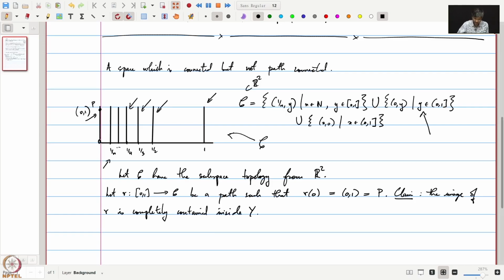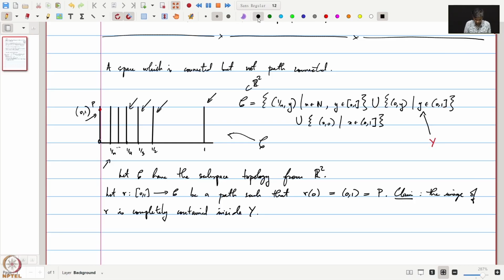Y is this subspace, that is, Y is this line over here. So the starting point of gamma is this point P, and the claim is if we take any continuous map from [0, 1] to C, which starts at this point P, then it cannot go outside the subspace Y. Okay.